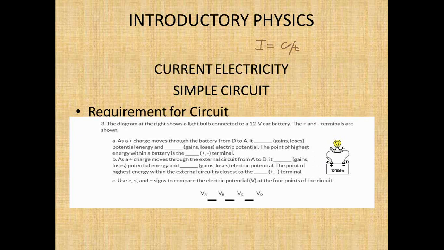Because this is the highest electric energy, the highest electric potential, the highest electric potential energy. And then once it moves through, it's going to lose energy. So the closest to the positive terminal is going to have that. Okay? All right. And then, you can do the rest.